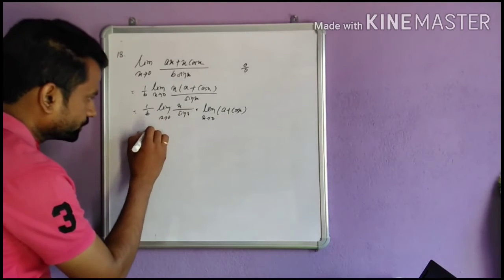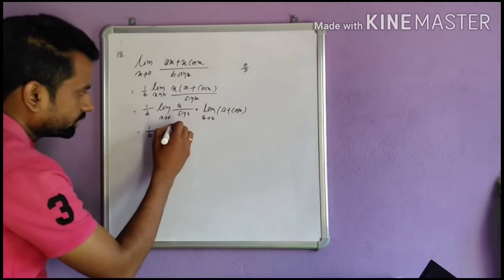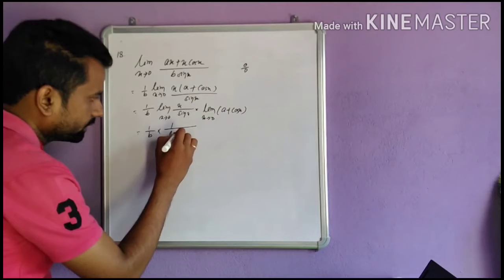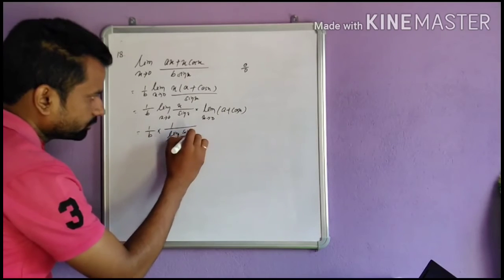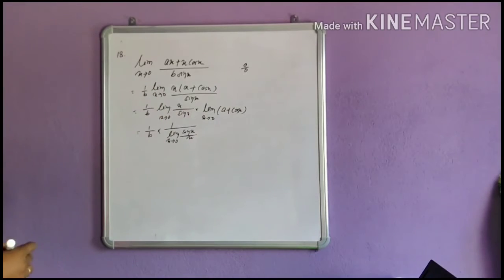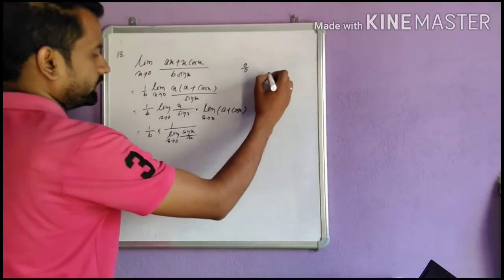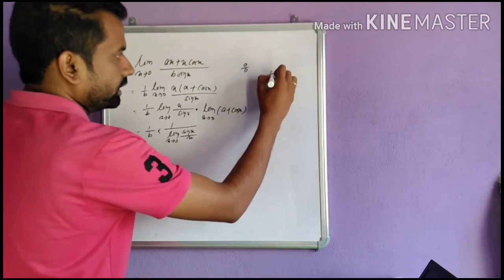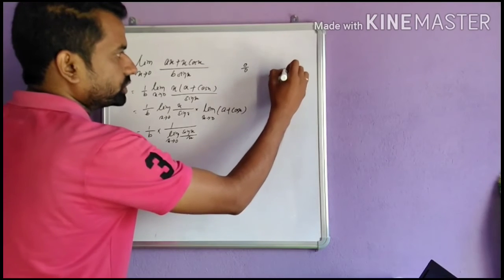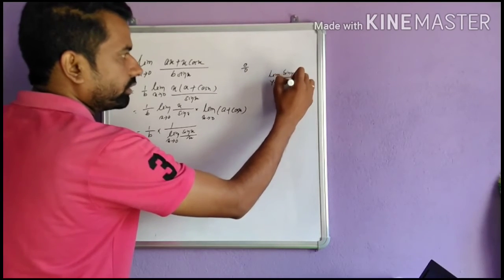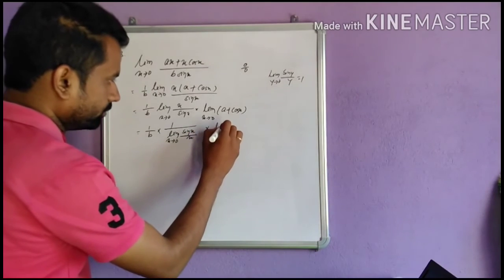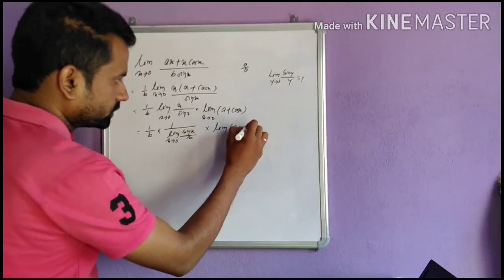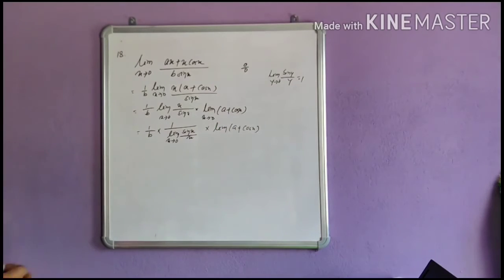Here 1 by b, and 1 by limit sin x by x as x tends to 0. This is the formula you know: limit y tends to 0, sin y by y equals 1. Then this value we can write as limit a plus cos x. Got it?